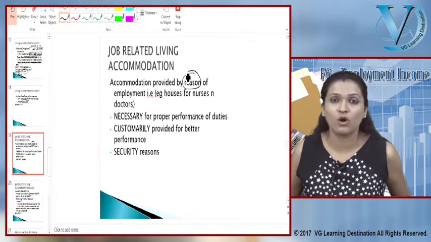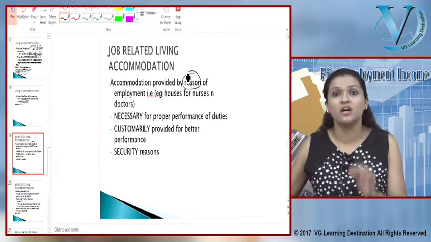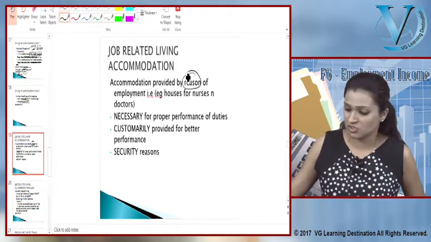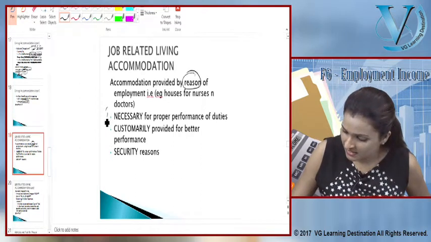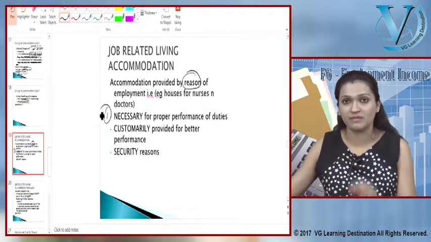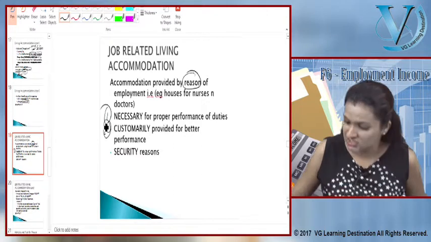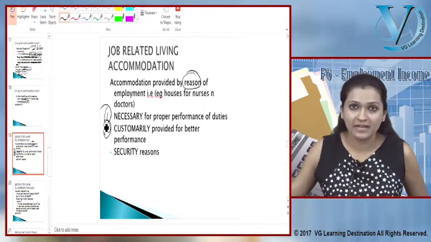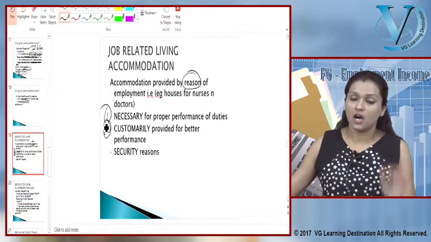The qualifying factors are that the accommodation needs to be necessary for proper performance of duties, customarily provided for better performance of the duties, and provided for security reasons.